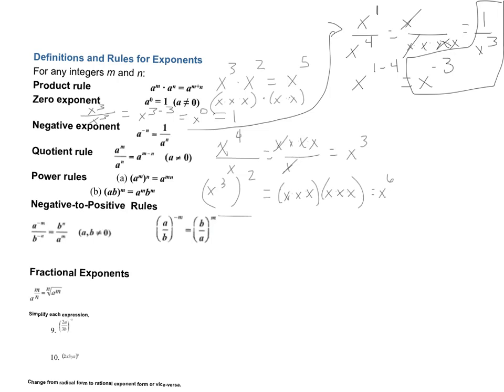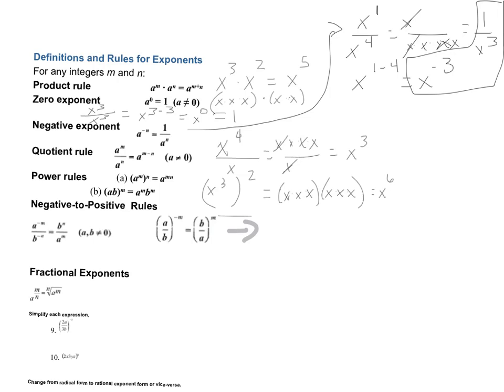In fact, here's a good way to think about it, and it's written right here where it says negative to positive rules. If I see something with a negative exponent, let me write this out in a way that hopefully will make sense.